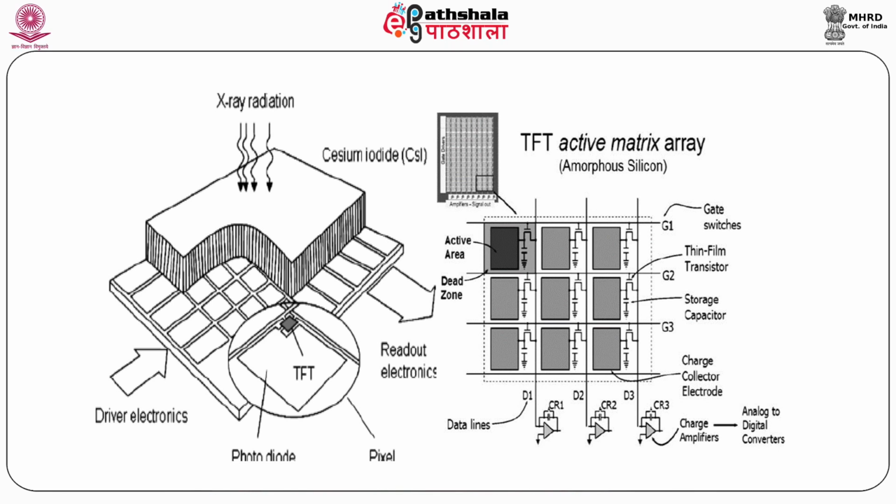As you can see here, in the case of an indirect digital detector, the name itself implies that first of all the detector converts the X-ray signal into a light signal, and then the light signal is converted back into an electrical signal.